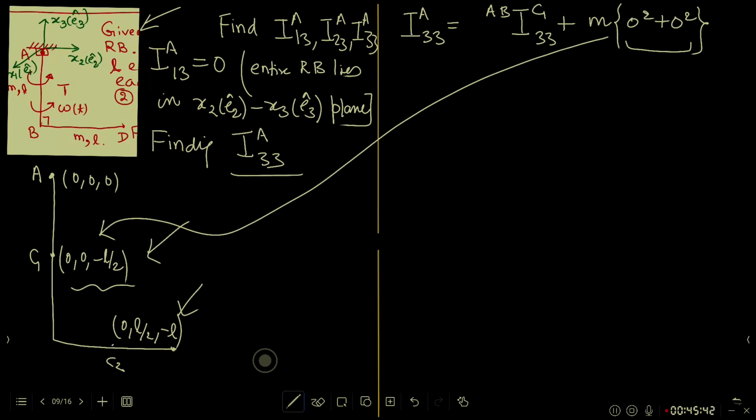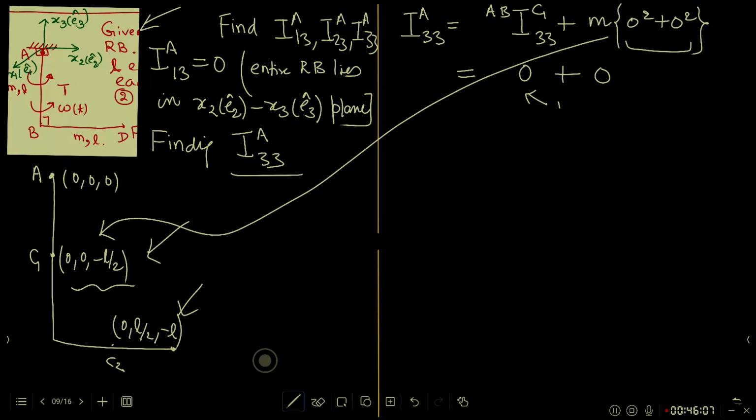Further, if you look at the vertical rod AB, IC1 33 of AB would also be 0. Why? Because it is a thin rod and the axis 3 is along the rod itself. Thin rod and E3 is along the rod.